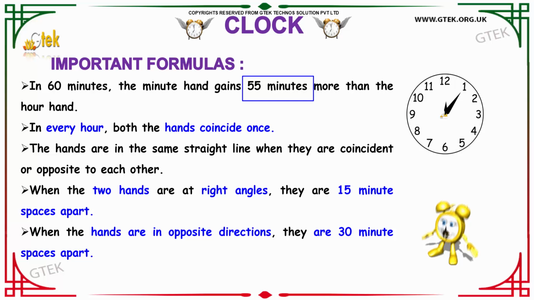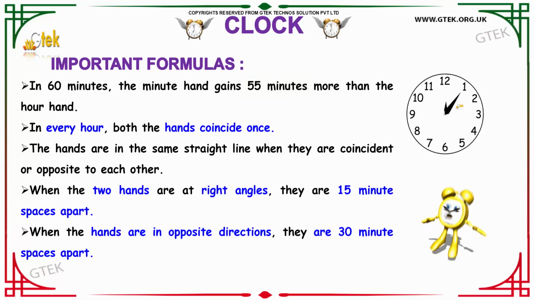That is, your minute hand will gain 55 minutes more than your hour hand in 60 minutes, that is in an hour. In every hour, if you see, both hands will coincide once.